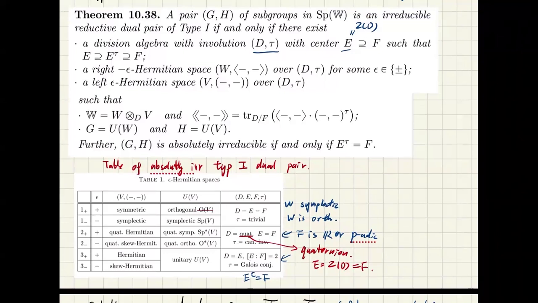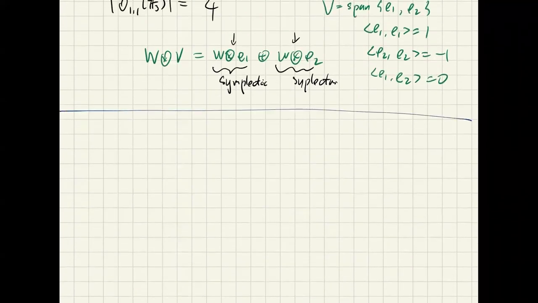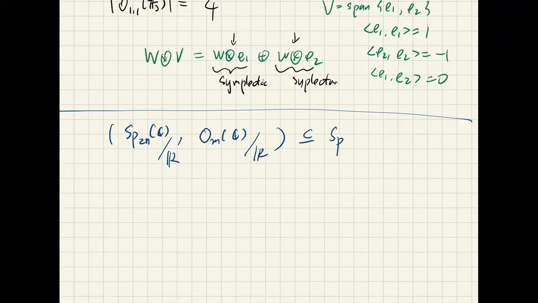Yes. The simplest example is that if you have Sp(2n, C) and O(m, C) and you view it as a real group, it is a dual pair over Sp(4mn, R).